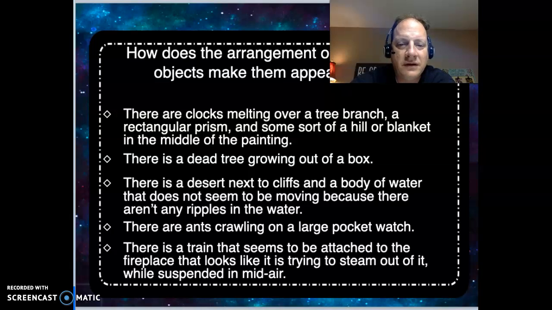There are clocks melting over the tree branches, a rectangular prism, and some sort of hill or blanket in the middle of the painting. There's a dead tree growing out of a box. So I'll let you read the screen here to yourself, and you'll see that some of these things they're pointing out from the painting are not like anything we've ever seen, and you probably have to have some kind of dream to see these things.